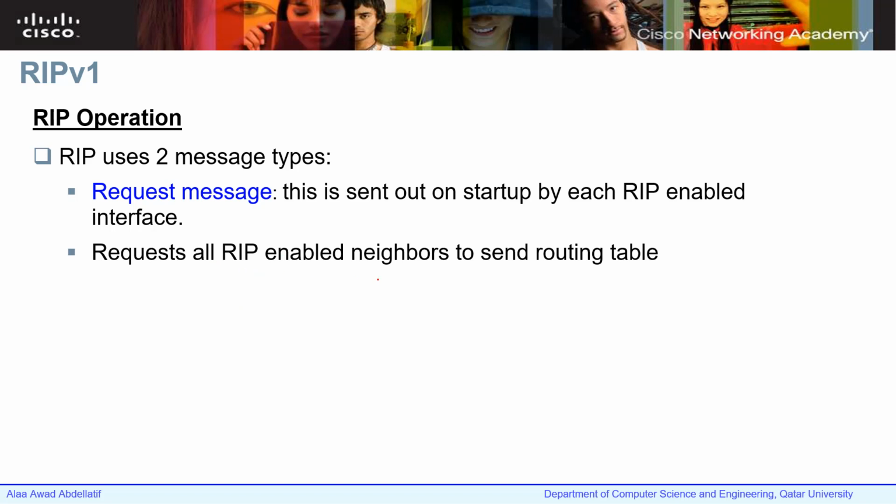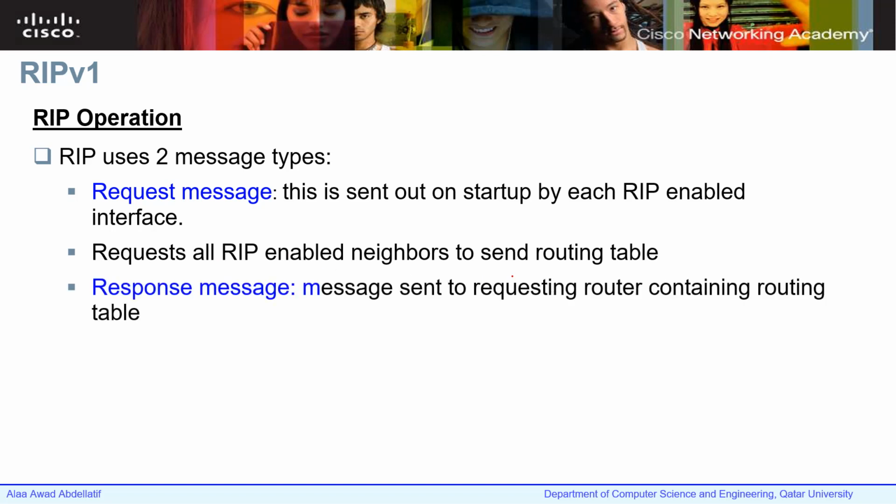This request message enables the router to send the routing table to me, so I'm collecting information about the routing table or the interfaces around me or neighboring me. To reply to this request message, we can send a response message to answer a specific request from specific routers. So the RIP message can be a request to collect information or a reply with the answer.